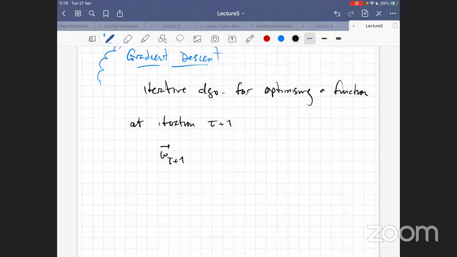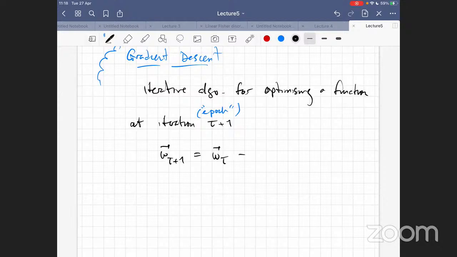At iteration, in the machine learning jargon, this is epoch also, but this is just an iteration of an iterative procedure.